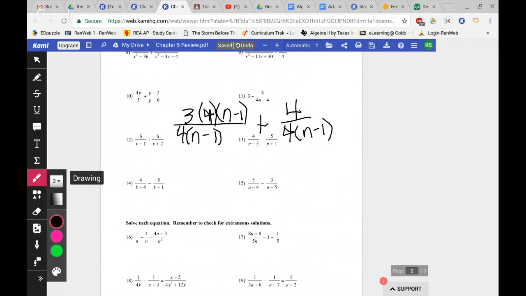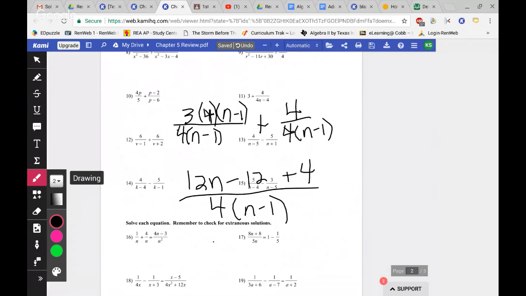So then up here, I'll have 12n minus 12 plus 4 all over 4 times n minus 1.